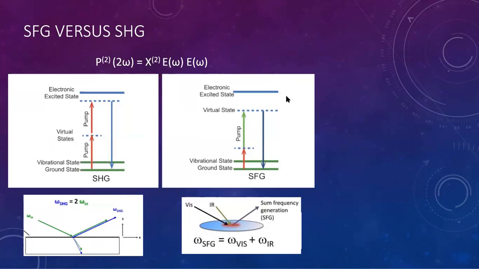Whereas with SFG, it's called sum frequency generation. So it's actually a sum of two different frequencies. We have two different lasers, a visible and an IR, meeting at the same time and location to generate that sum frequency signal that we monitor.